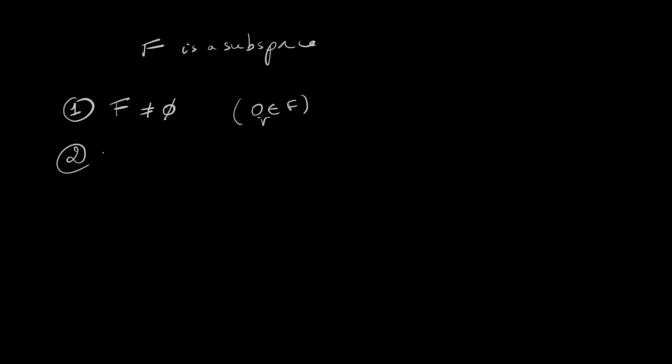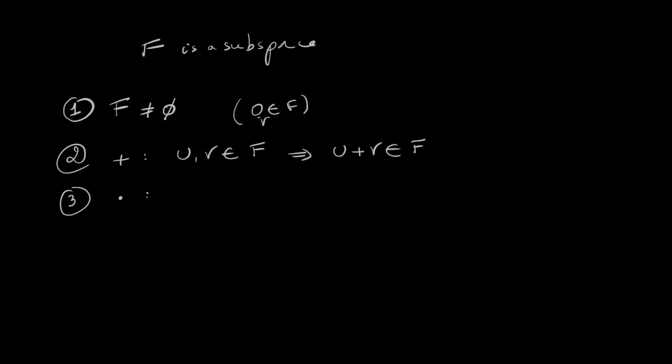The second condition is the closure under addition. To do this, we take two vectors in our set and we have to prove that the sum of these two vectors is also in our set. The third condition is the closure under the scalar multiplication.